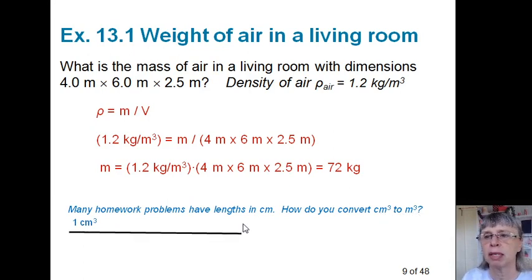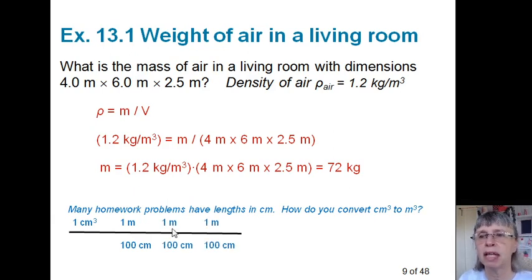I'm going to use my straight line method. There's 100 centimeters per each meter, but because this is cubed, you need to do it 3 times. The other way to look at that is you could just put parentheses around this and cube your conversion. Either way, you need to know that 1 cubic centimeter is 1/millionth of a cubic meter.